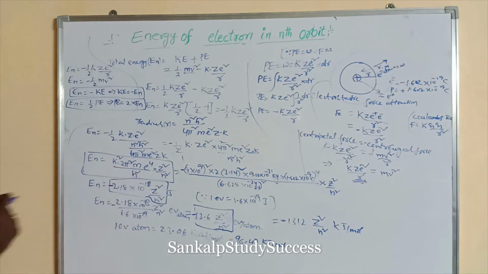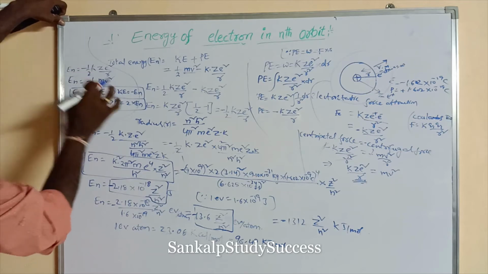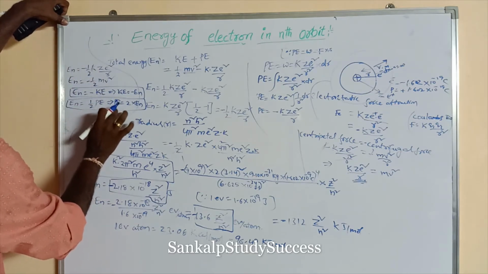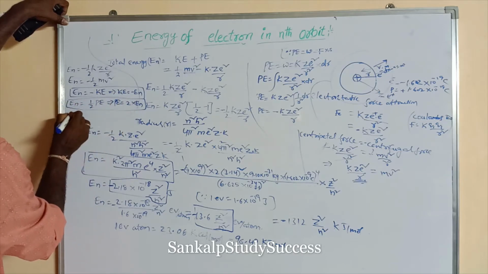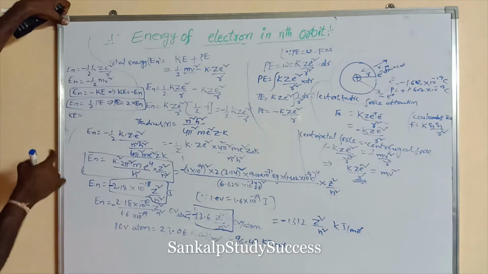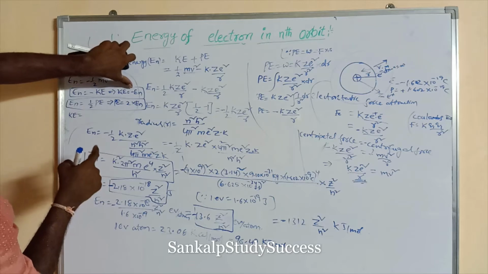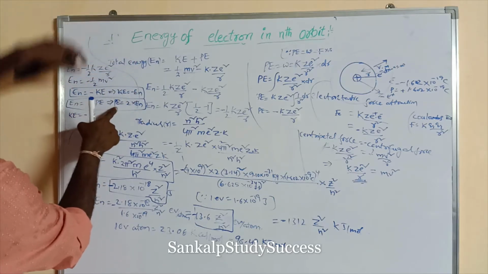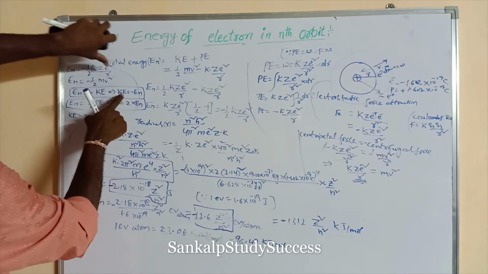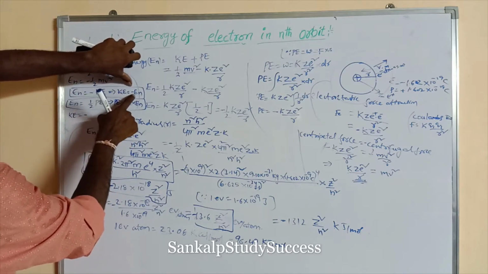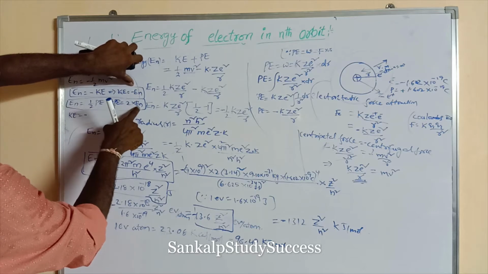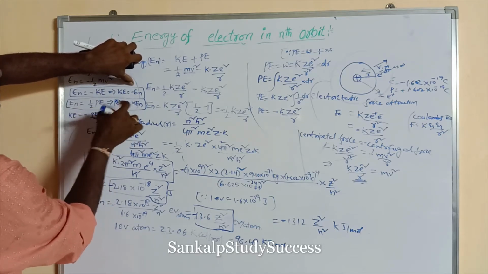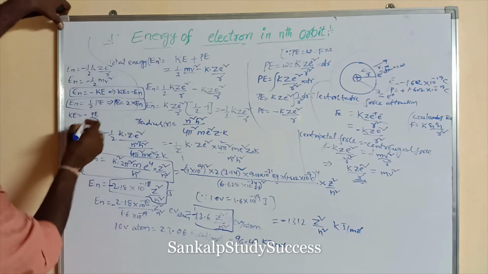Next, what is the relation between kinetic energy and potential energy? Kinetic energy KE is equal to minus En, and En is equal to PE by 2, potential energy by 2.